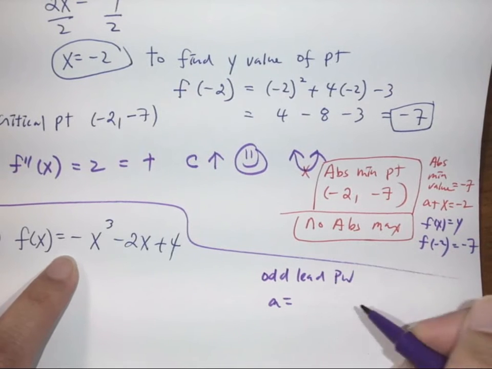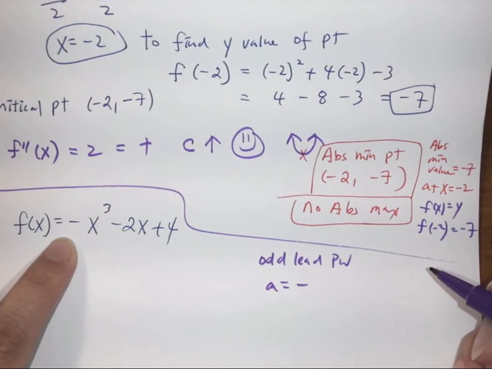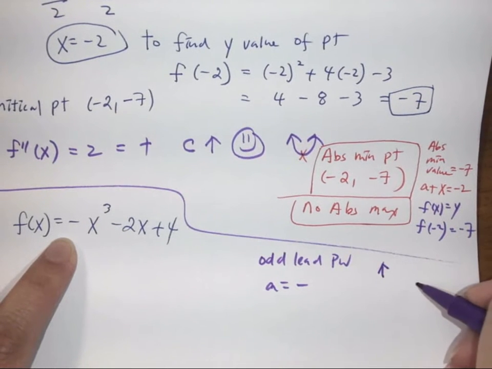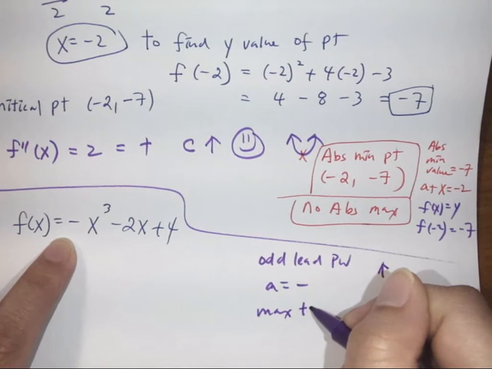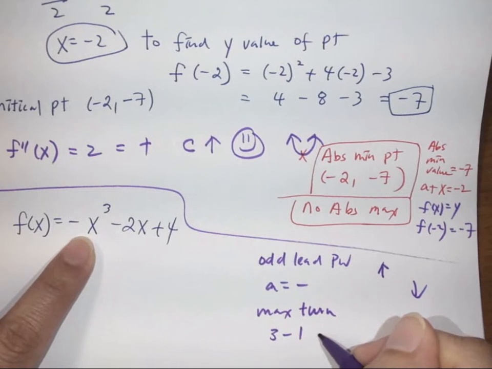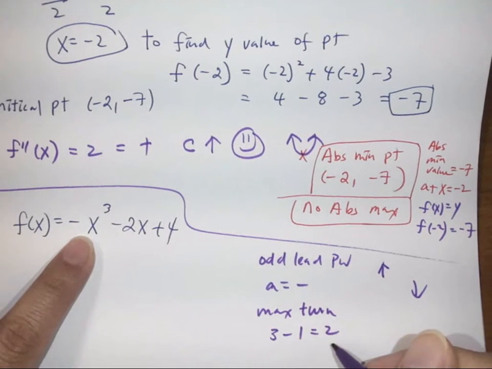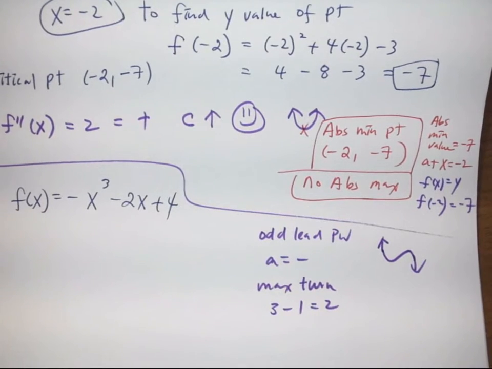If A is negative, what kind of end behavior does this graph have? Hopefully you know it's going to be left side up, right side down. What is the maximum number of turns? The maximum is degree 3 minus 1, which is 2. So if you sketch the graph, it should look like that.